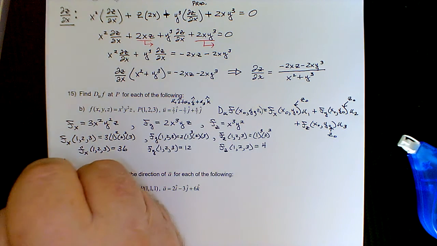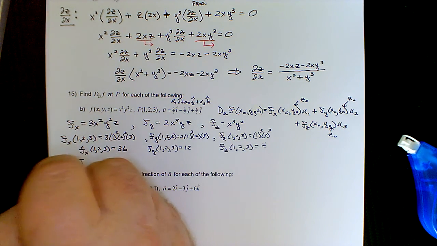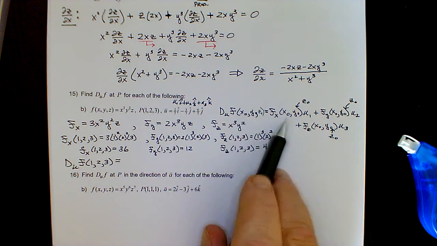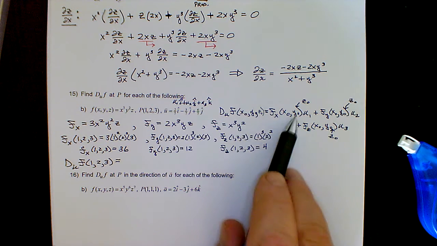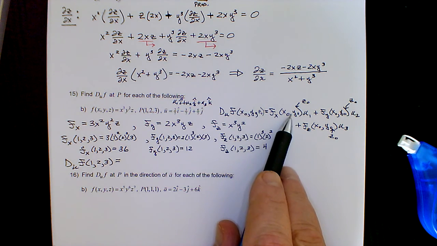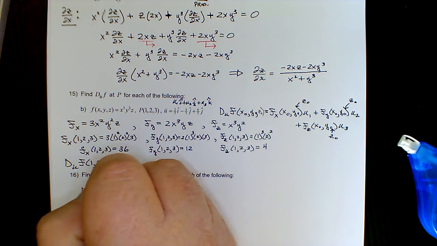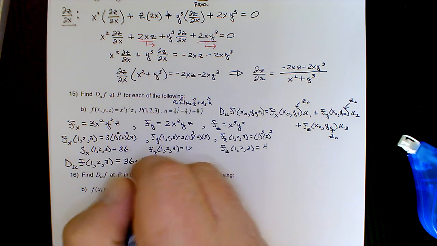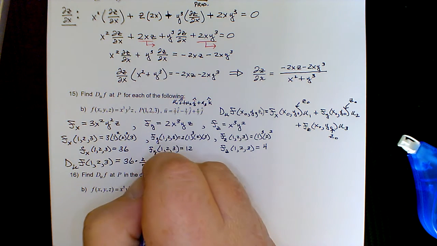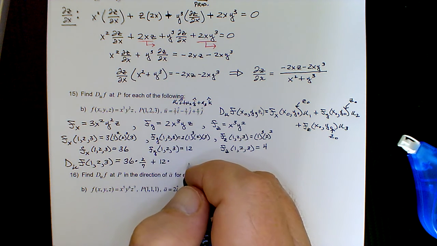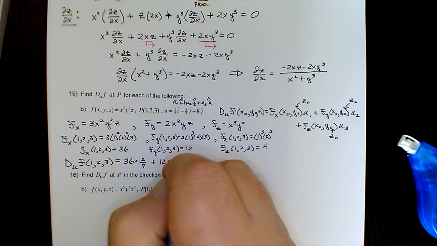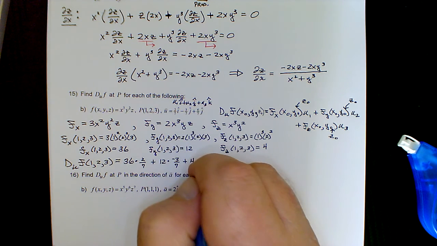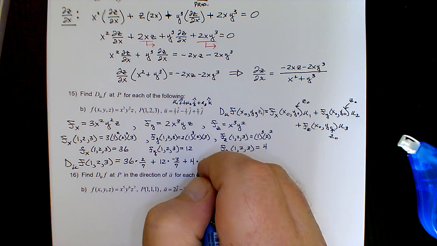Alright, so now the directional derivative in the direction of u of this function evaluated at the point 1, 2, 3 is just f sub x evaluated at the point, so 36 times u1, which is 2/7, plus f sub y, 12 times u2, which is negative 3/7, and then plus f sub z, which was 4, times u3, which is 6/7.